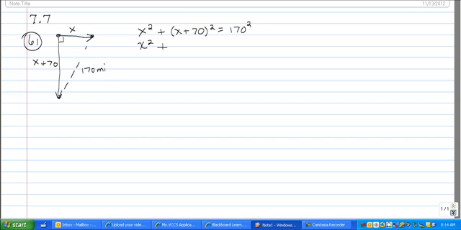Remember that you can write this factor down twice and FOIL it if you have trouble doing the shortcut. I'm using the shortcut. Square the first term, take the product and double it, and then square the second term. And 170 squared, 28,900.